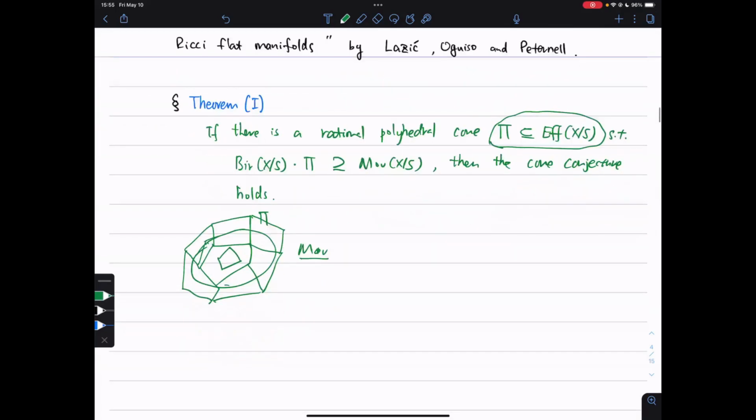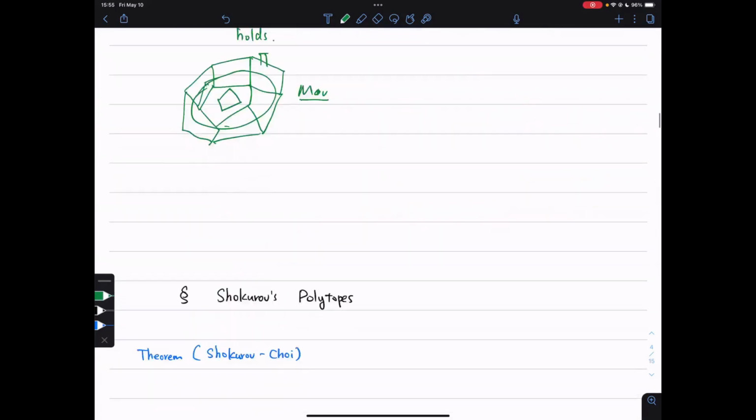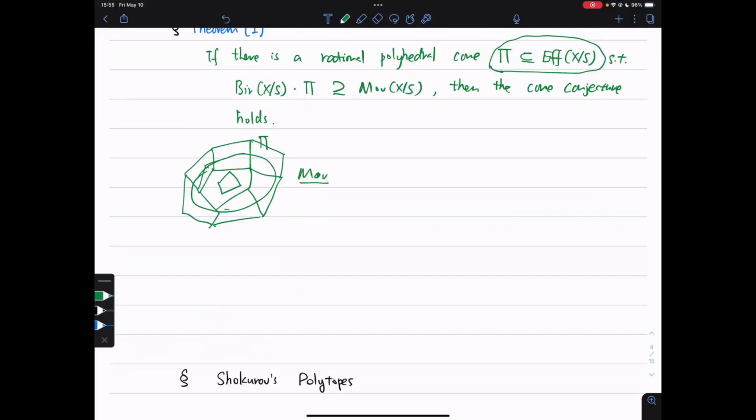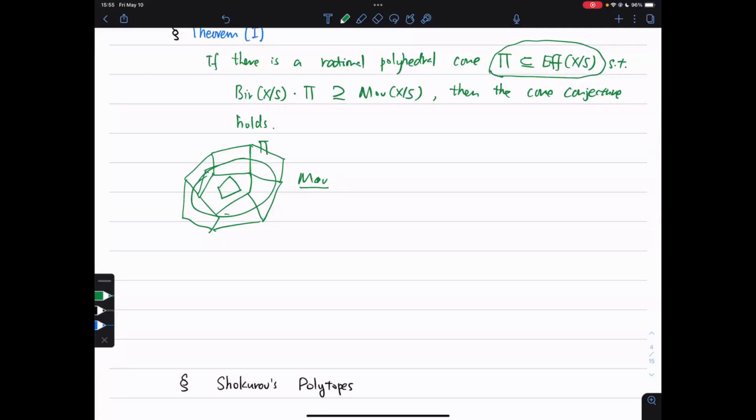Okay, so I will prove this result, but let's focus on the second part, the finiteness of minimal models.